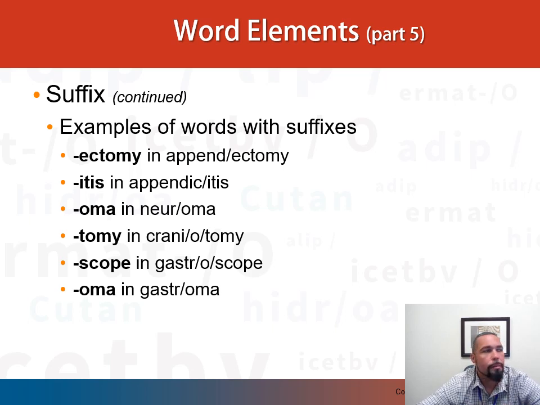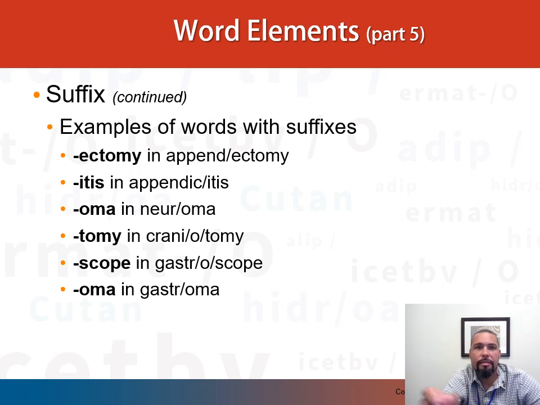So we have, for example, appendectomy. The suffix in this word would be ectomy. Appendicitis, the suffix in this word would be itis. That suffix is basically giving the meaning as to what's happening. So for example, if we were to say appendicitis, we know that itis is defined as an inflammation.